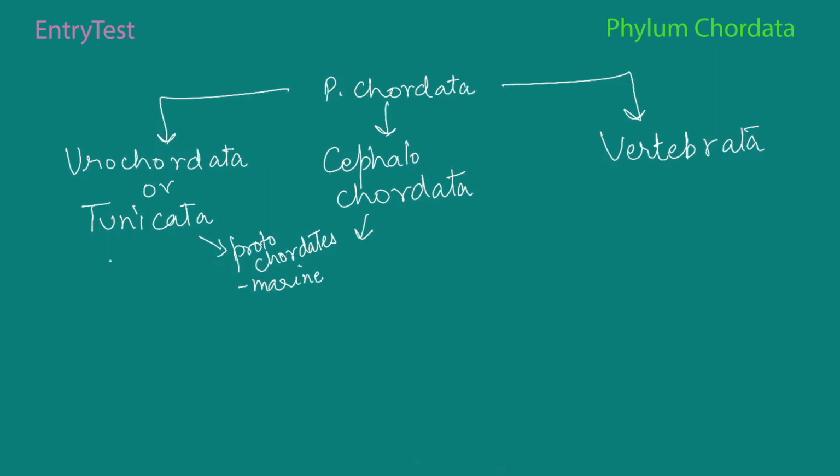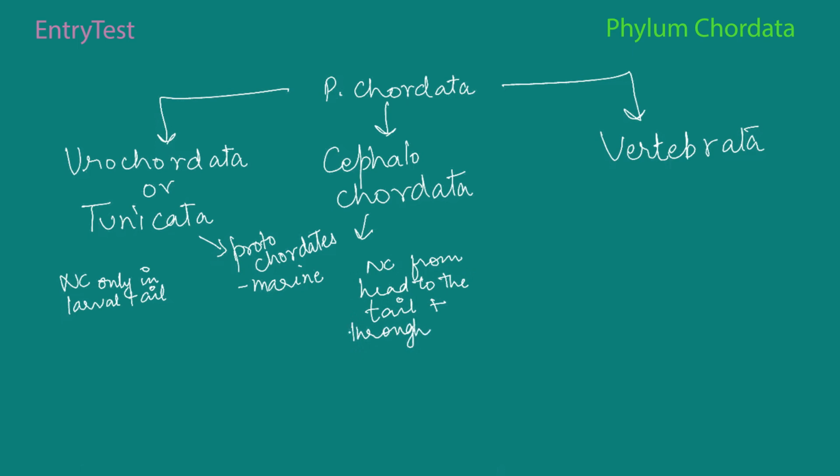In Urochordata, the notochord is only in the larval tail. So I'm going to refer to the notochord as this, only in the larval tail. In Cephalochordata, the notochord is from the head to the tail, and it is persistent throughout life.